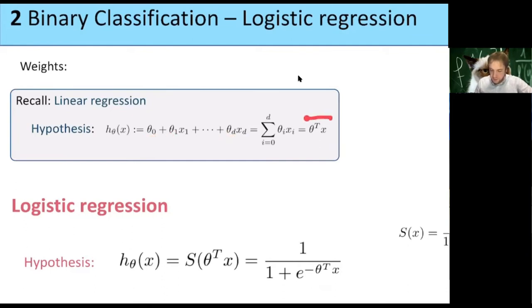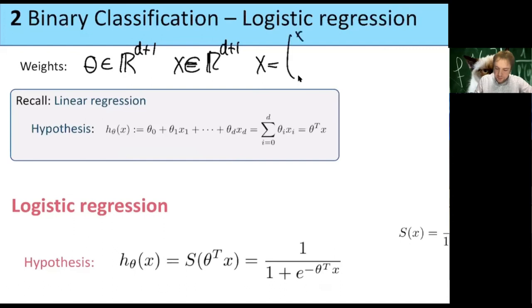This notation I didn't use before, but the weights are elements in R^(d+1). And also recall the features x are also in R^(d+1), where x1 up to xd had this convention that x0 is always 1.